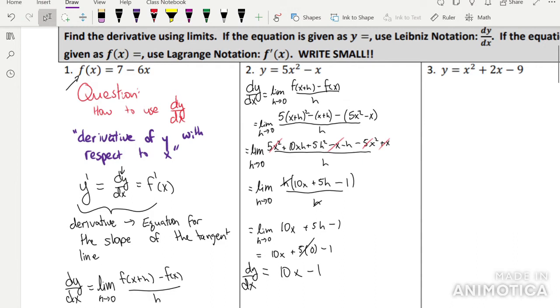Now, in this case, we don't have f of x, but remember, f of x is just a fancy way of saying, in this case, y. So I'm evaluating y at x plus h, essentially.